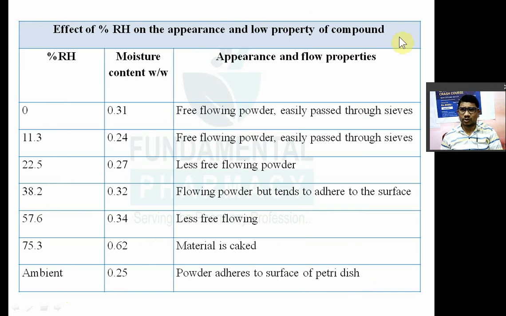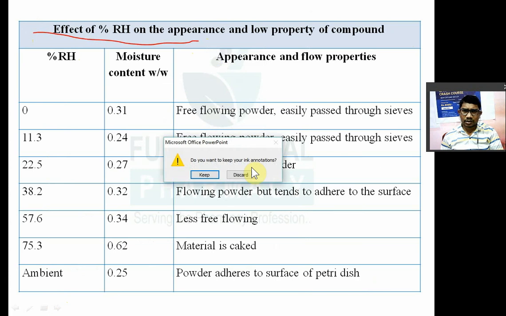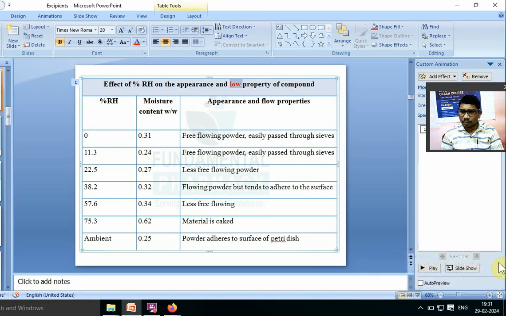Yes, anybody has any doubt? Yes, the effect of relative humidity on the appearance and flow properties of the powder. Does anyone have any doubt? So what is the effect of relative humidity on the flow properties of a material or powder?